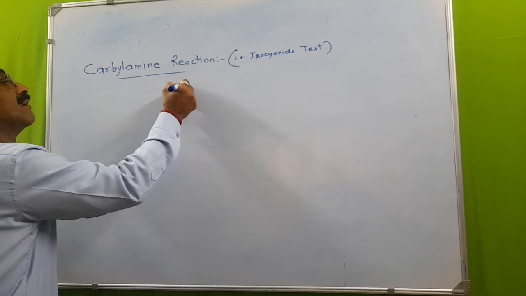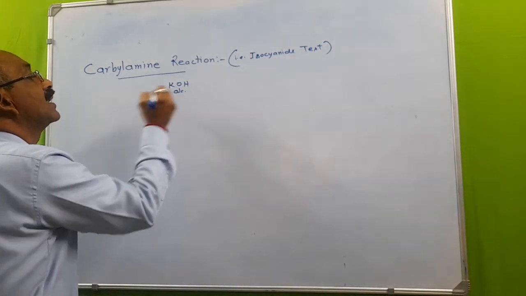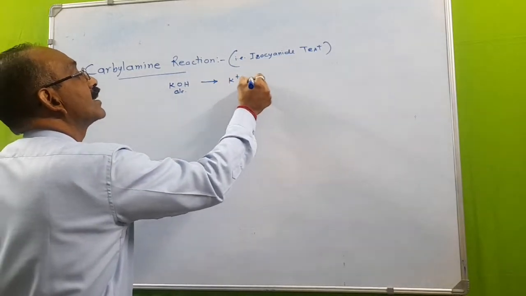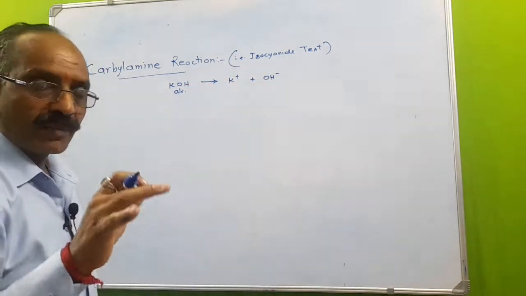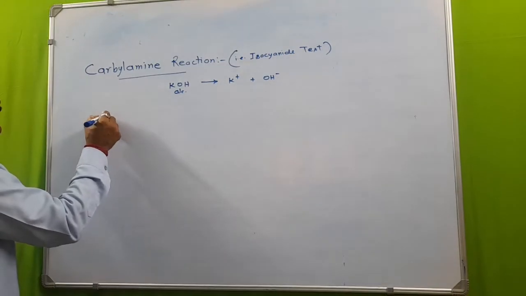We are taking an alkali, and this one is alcoholic KOH. This one dissociates, forming K plus and OH minus. Means in the medium there will be potassium and hydroxide ion. Here it is chloroform.